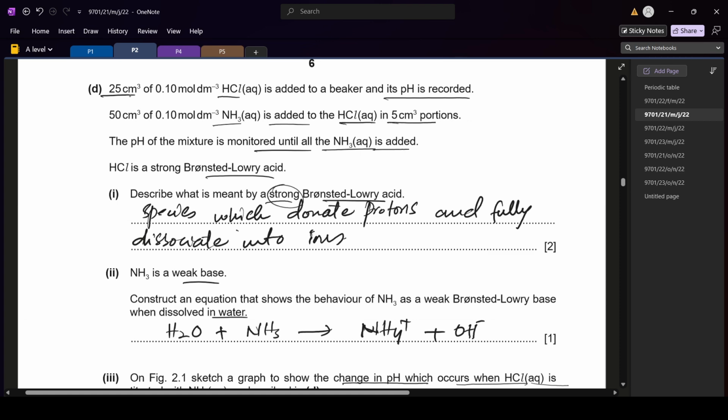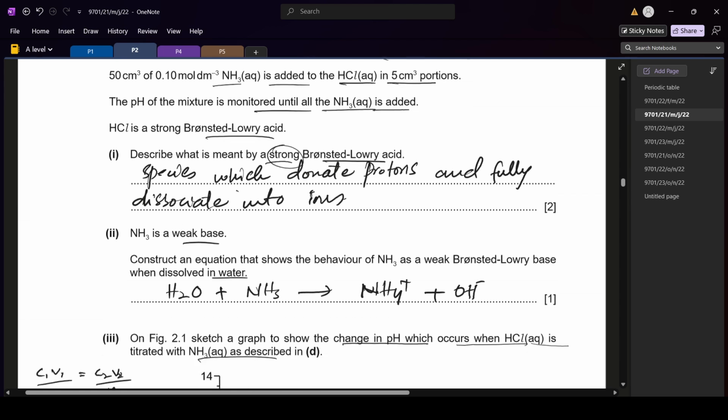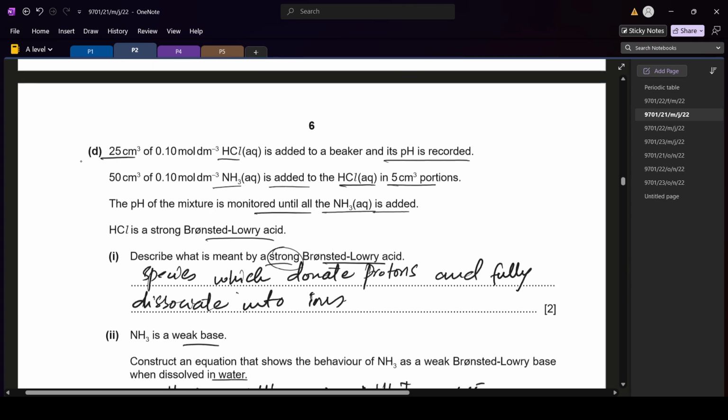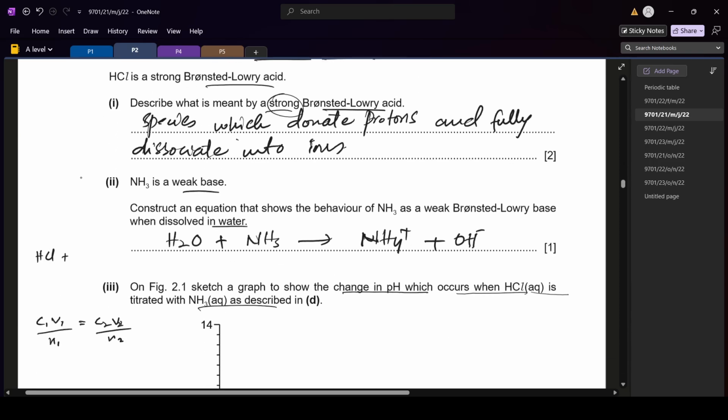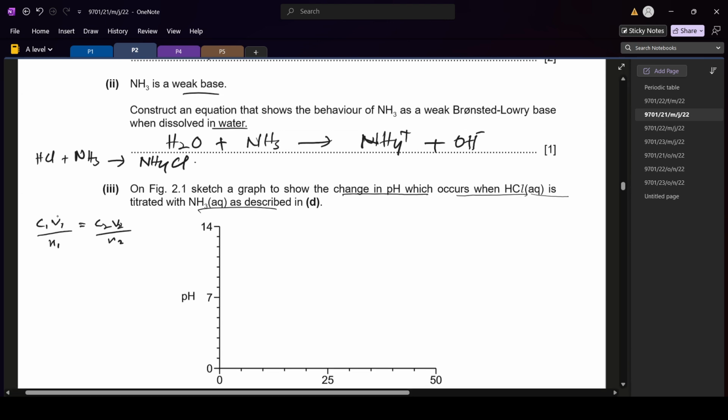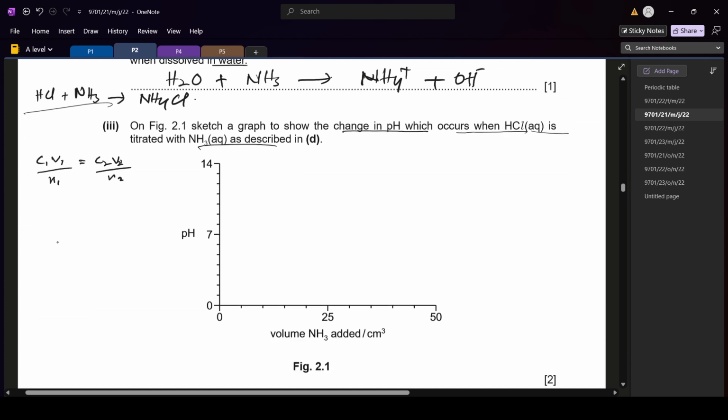So we have concentration and volume of HCl, and if you write the equation, HCl plus ammonia, they form ammonium chloride. So we have 1 mole of each reactant. They are reacting in 1 to 1 ratio.